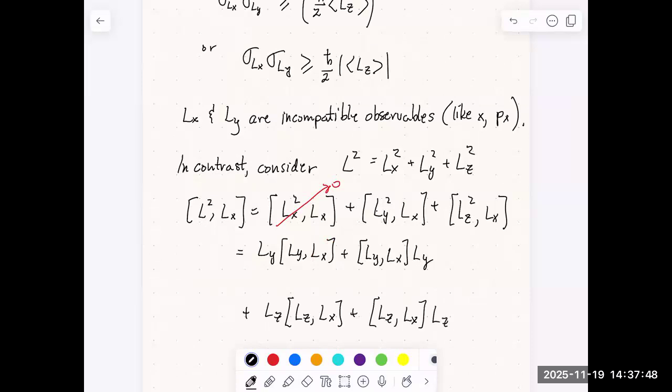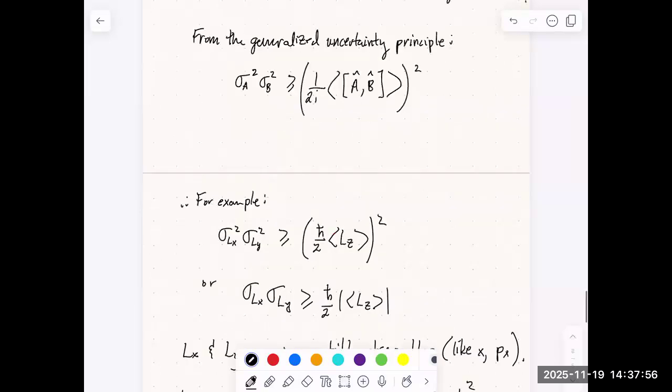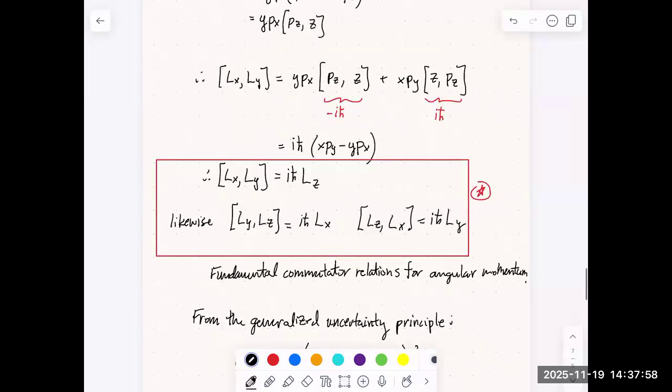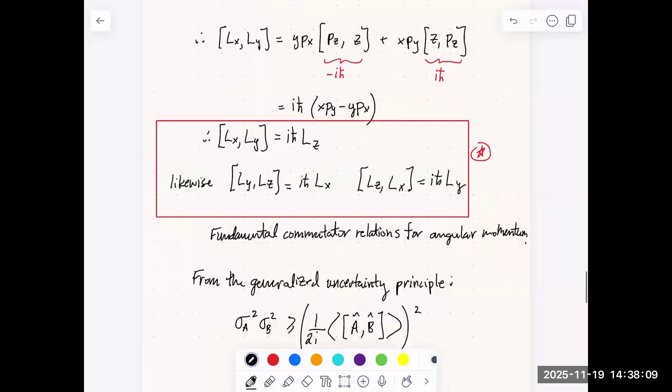All right. That's not so bad because we've already worked a bunch of these things out. Ly and Lx, where is that? Well, Lx and Ly is plus iħ Lz. That means Ly and Lx is minus iħ Lz.